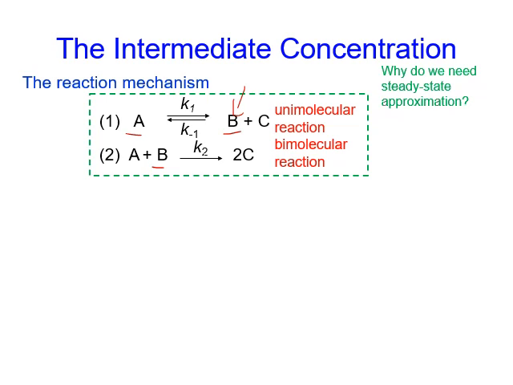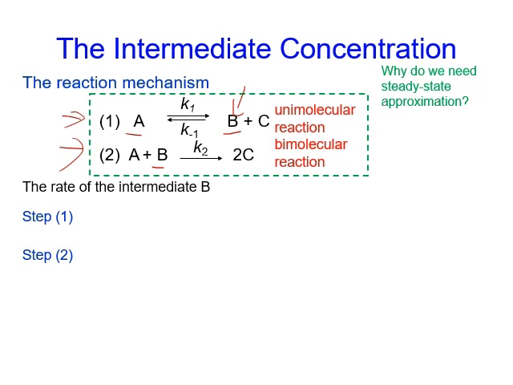To do that, we first write the rate law for B. First we look for the reactions that involve B, and they are equation 1 and equation 2. So there are two reactions, both involving B. In the first step, B is produced by the forward reaction and consumed by the reverse reaction. The forward reaction rate law is k1 times A. A is the reactant and produces B, so it's positive.